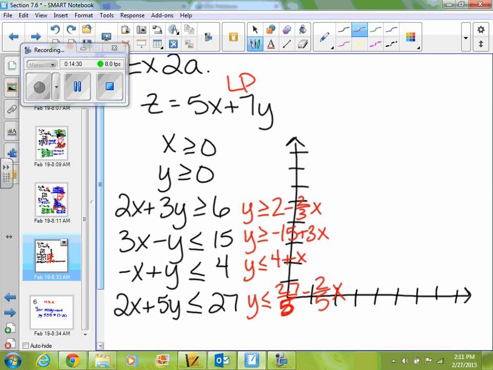Okay, so let's graph those constraints in a graphing calculator. Graph them, let's go. Make sure you put your fractions in parentheses, otherwise it won't come out right.